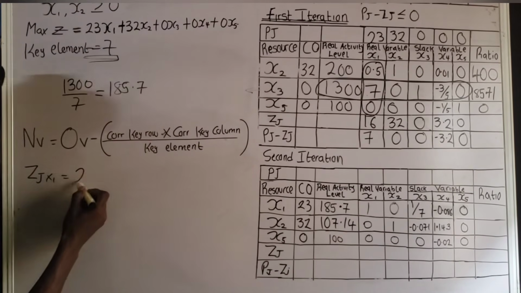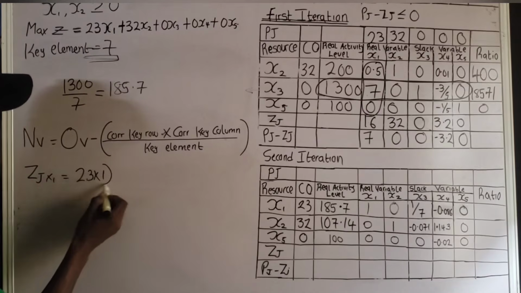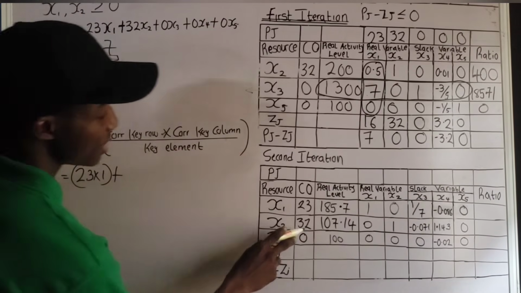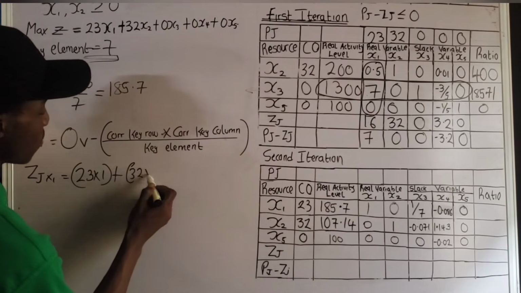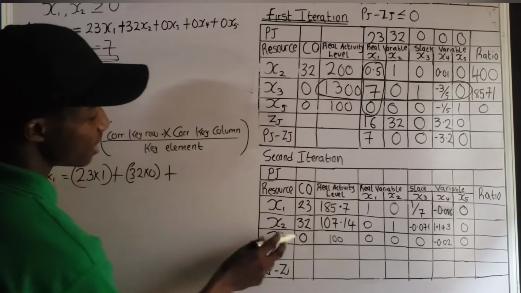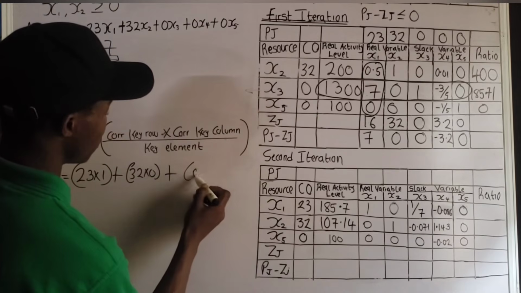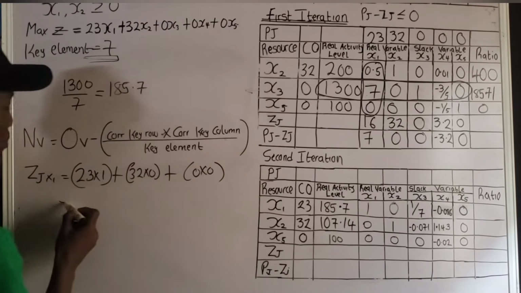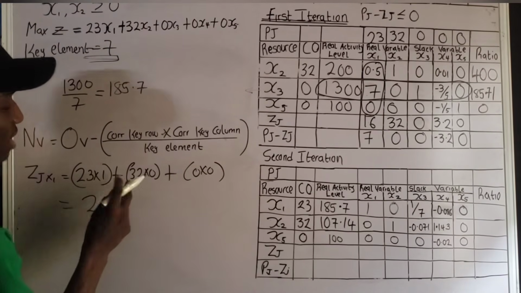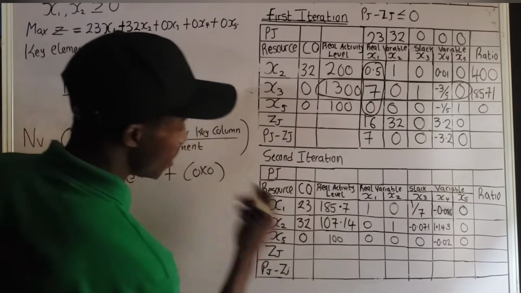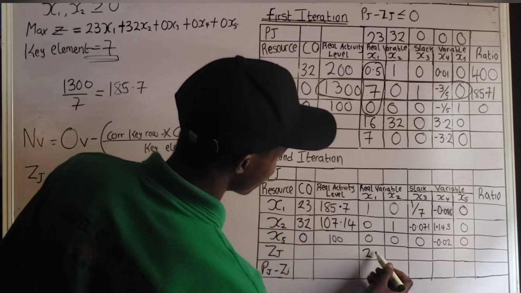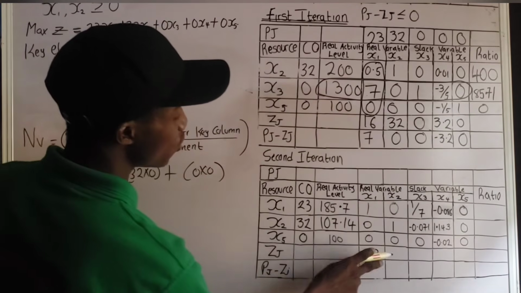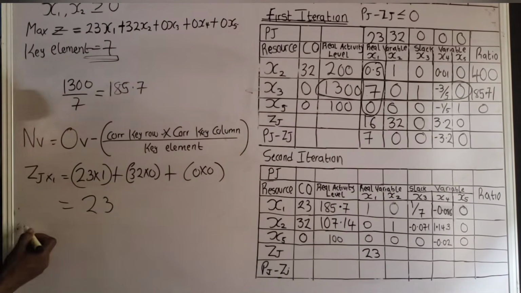That will be 23 times 1 plus 32 multiplied by 0, 32 times 0, plus 0 multiplied by 0. Have you seen it? So this is 23. Because 32 times 0 will give us 0. So this is 23. For S1, I have Zj is what? 23. And for S2, the Zj is calculated as follows.